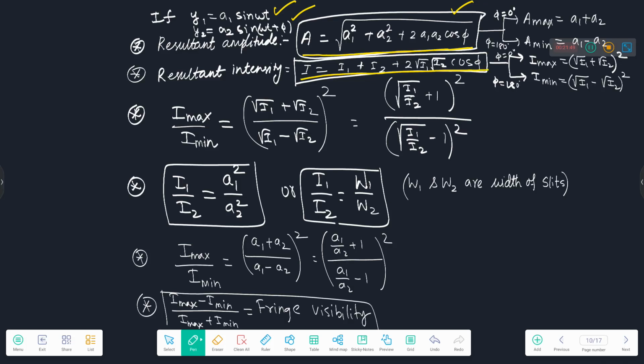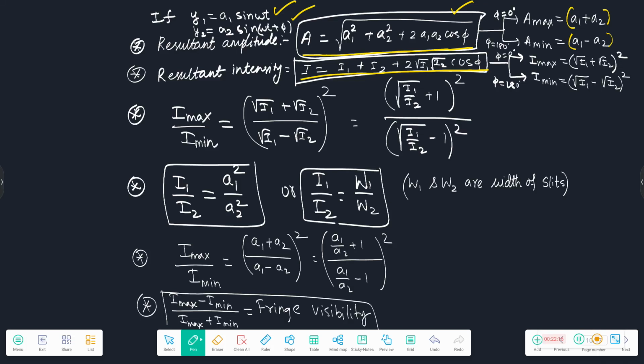Here you can take maximum and minimum values: when phi is 0, A max equals a1 plus a2, and when phi equals 180 degrees, A min equals a1 minus a2. Similarly for intensity, I max is (root I1 plus root I2) whole squared, and I min is (root I1 minus root I2) whole squared.